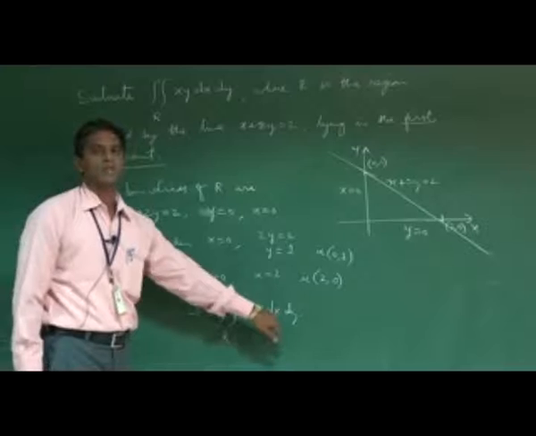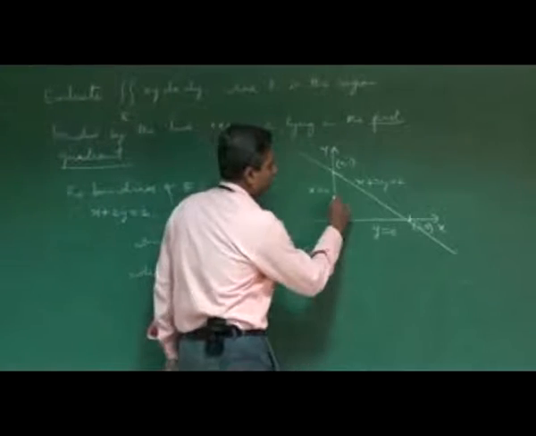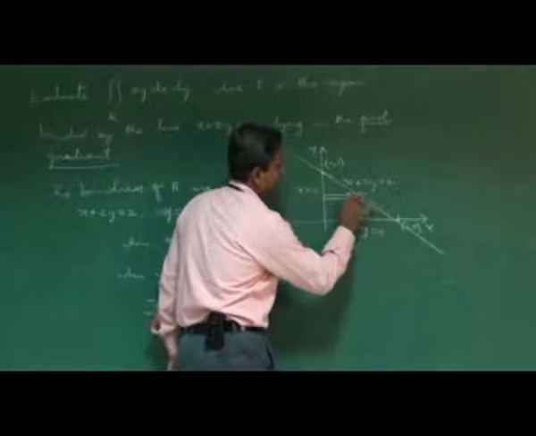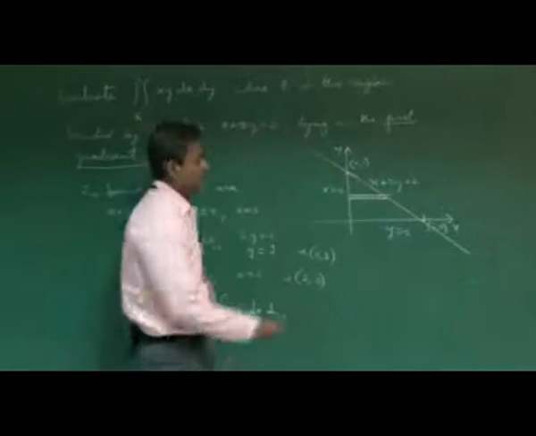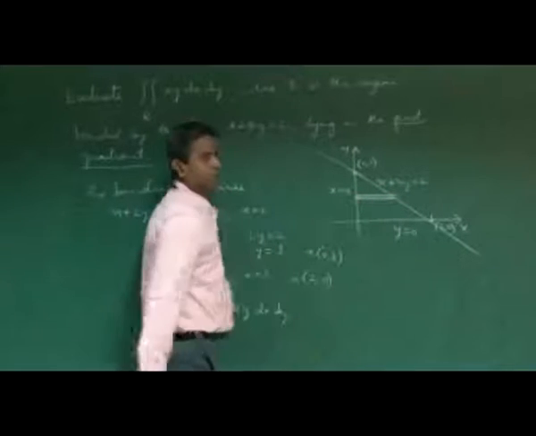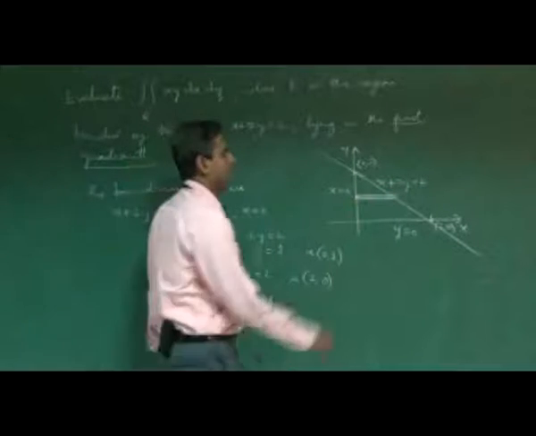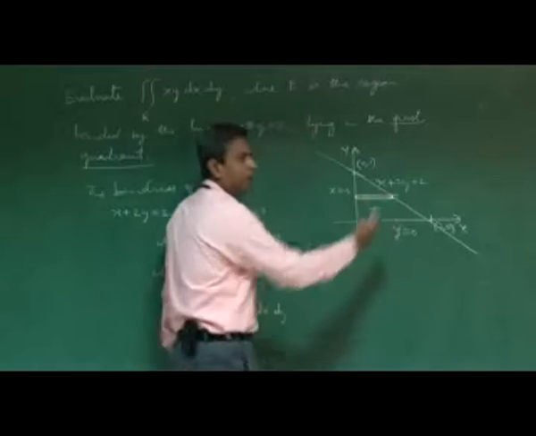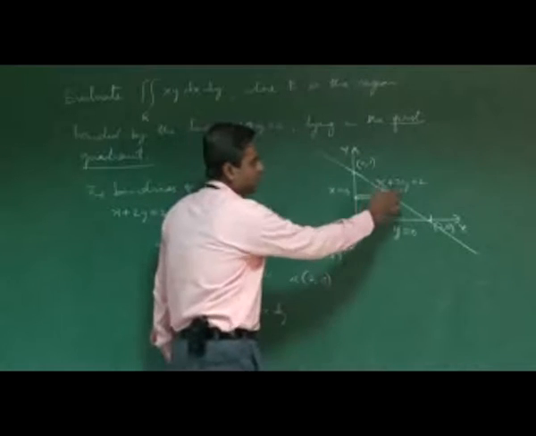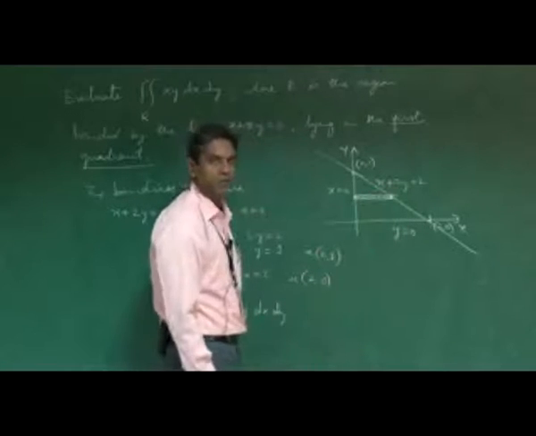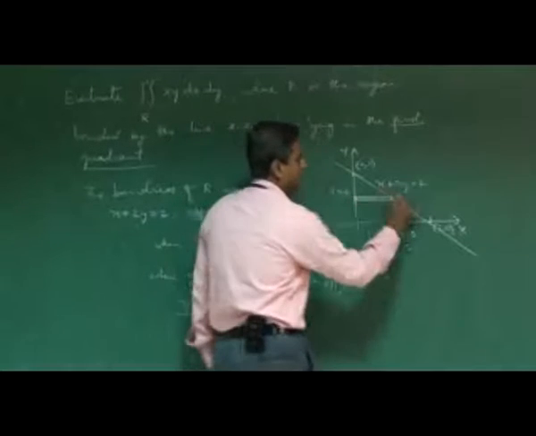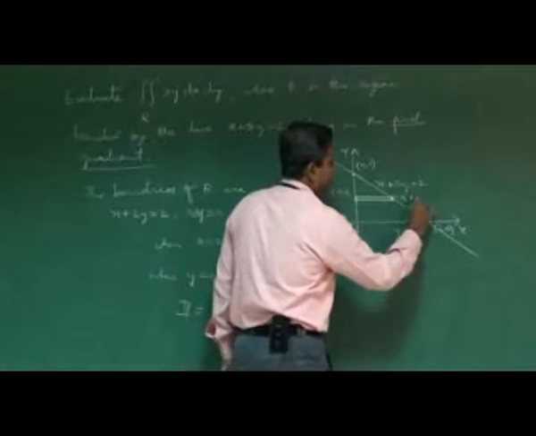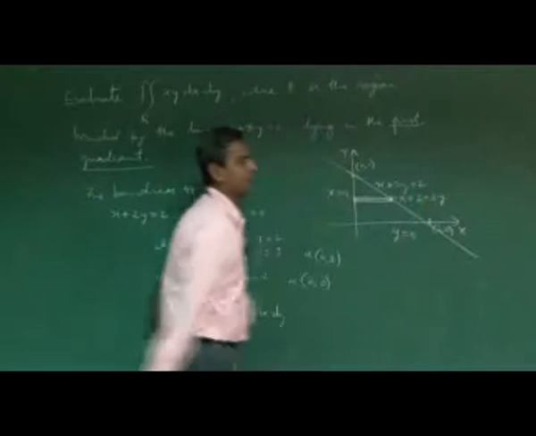Integrating with respect to x means we consider a small strip parallel to the x-axis, and we take the left limit of x and the right hand limit, which lies on the line x plus 2y equal to 2. So in this case x equal to 0 is already given, and then we take x equal to 2 minus 2y.